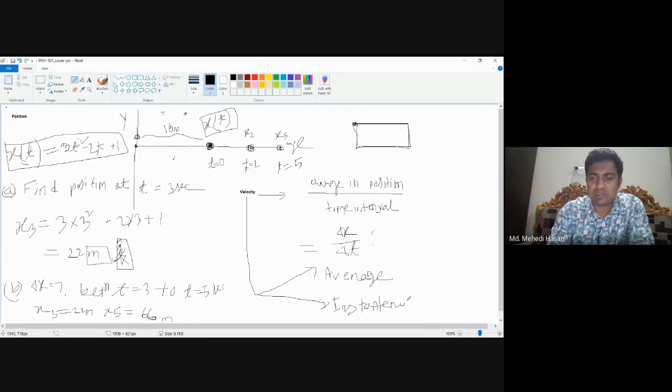What is the difference between average and instantaneous velocity? Anyone tell me, or what is the meaning of average and instantaneous basically?